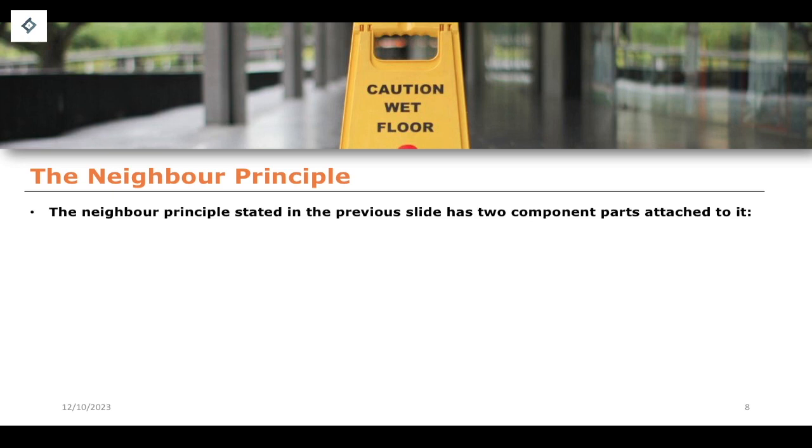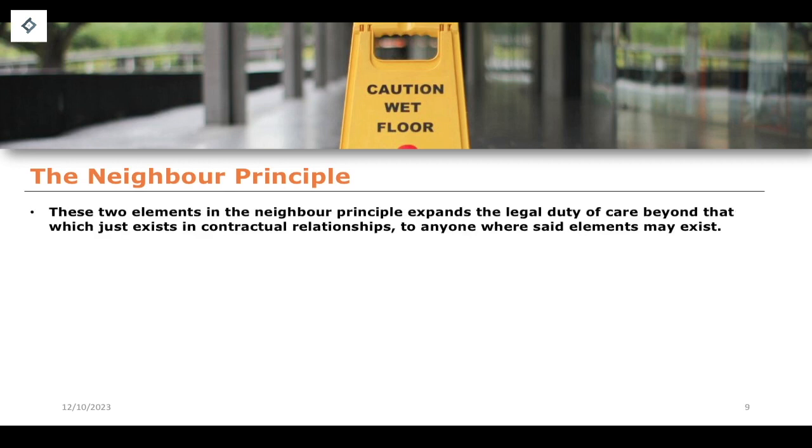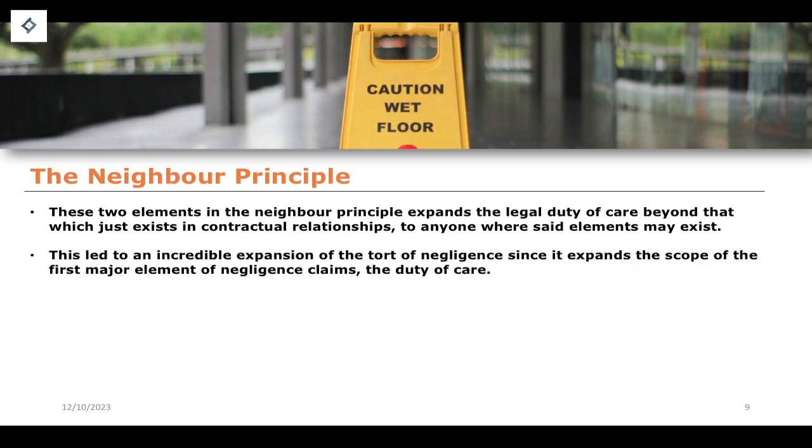And so the neighbour principle, as stated on the previous slide, has with it two interesting components. We have this idea of reasonable foreseeability, and then we have this idea of proximity. These two elements of the neighbour principle essentially expand the legal duty of care beyond that which is just contractual relationships.